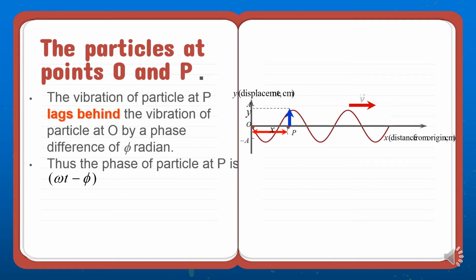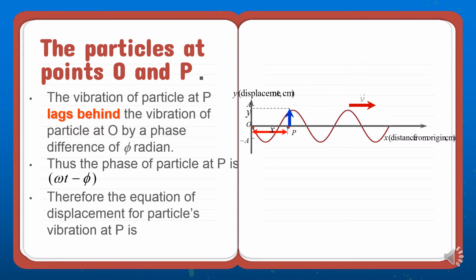Thus, the phase of the particle at P equals omega t minus phi. Therefore, the equation of displacement for the particle vibrating at P is y equals A sine (omega t minus phi).